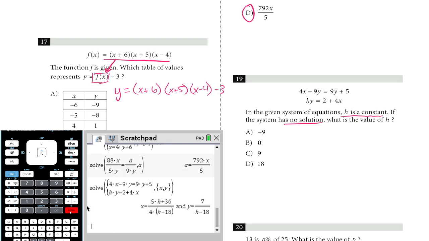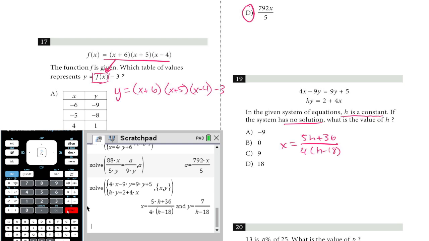I'll hit enter. So here I'm going to write down what's in the x solution only. So 5h plus 36 over 4 times h minus 18.